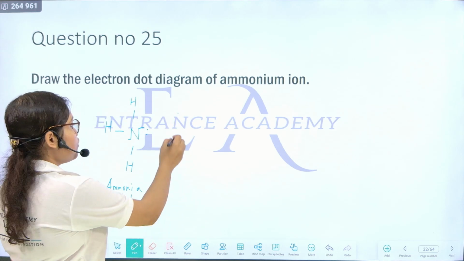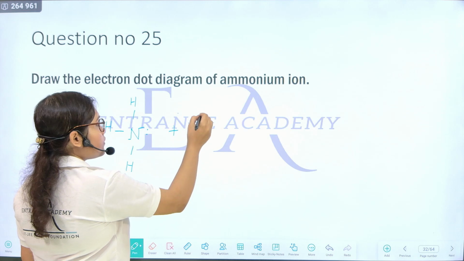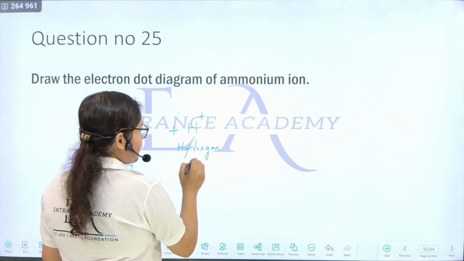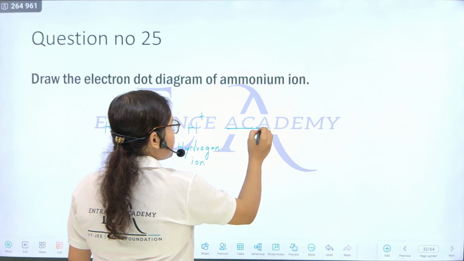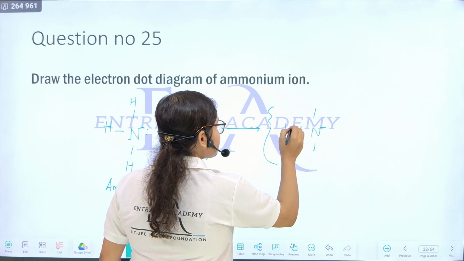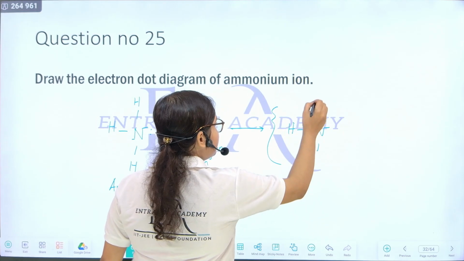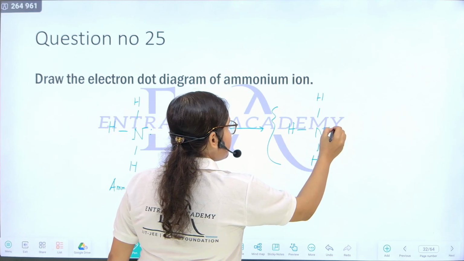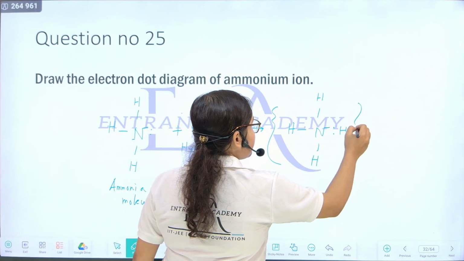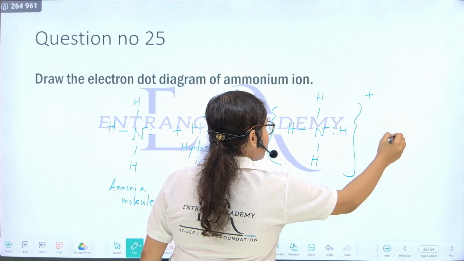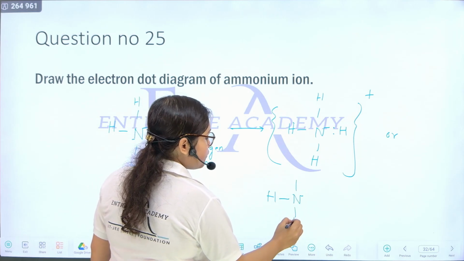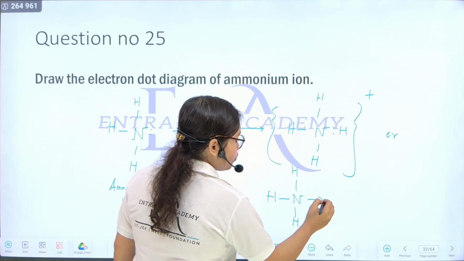Ammonia molecule plus hydrogen ion, this is hydrogen ion. After this we have ammonium ion like this, ammonium ion, like this, or bond, and give an arrow to it towards hydrogen.